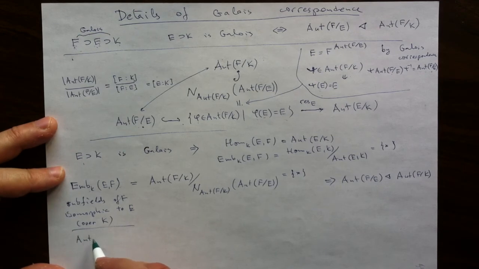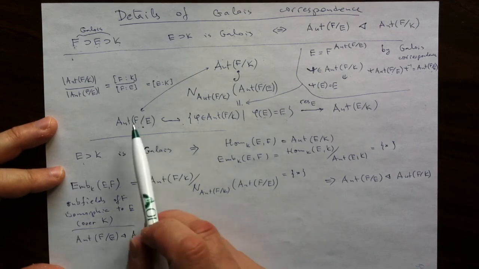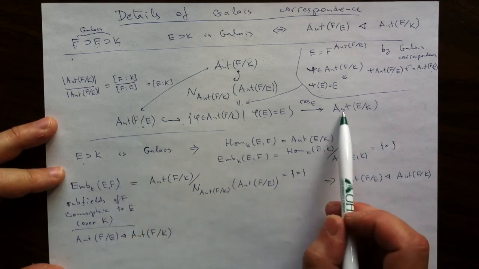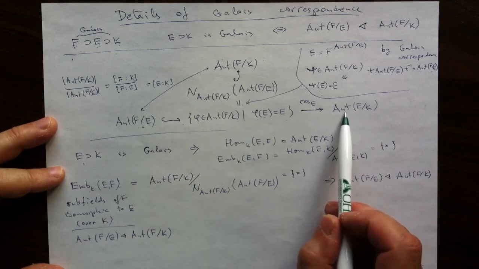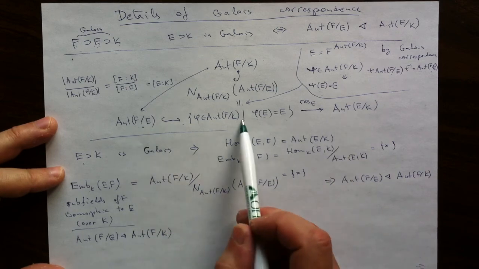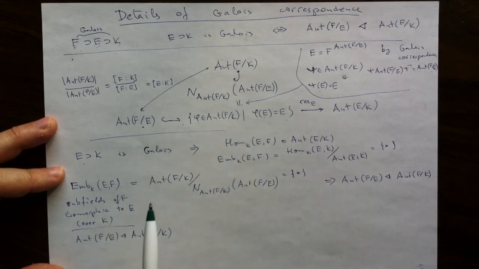Let's assume that the subgroup of symmetries over E is normal. Then we have some estimate for the size of the image. So the size of the image will be the index of this inside what we quotient by to get the image.